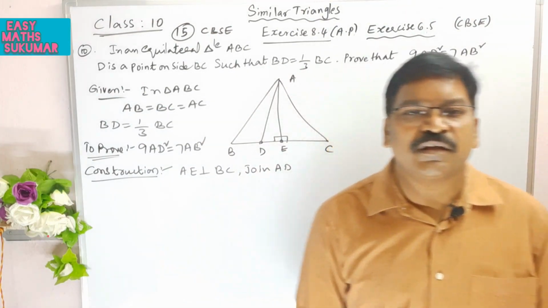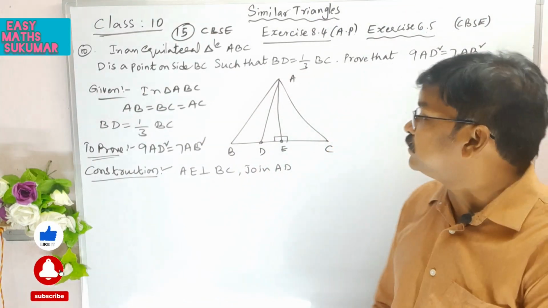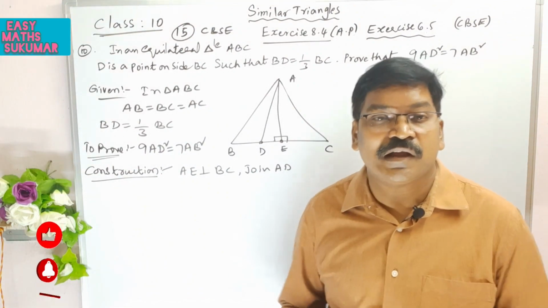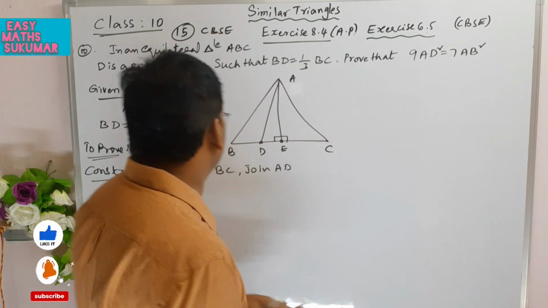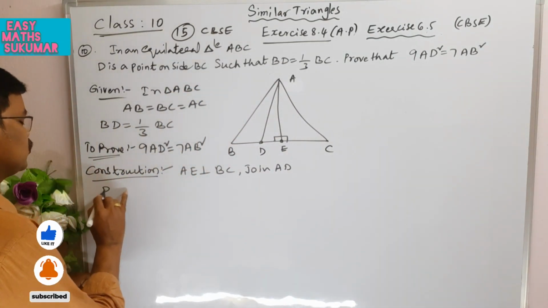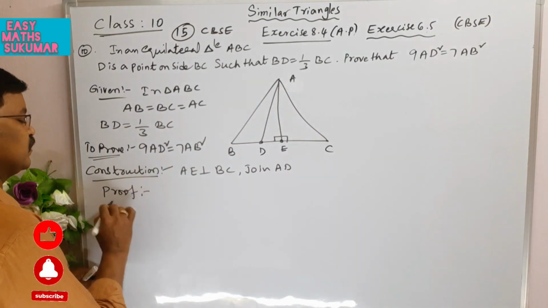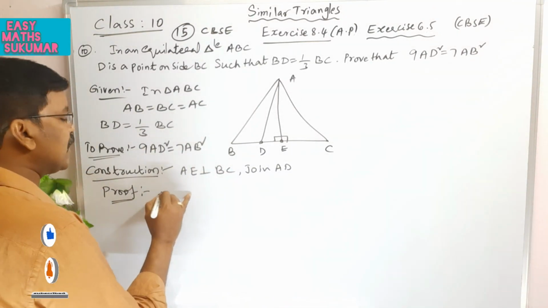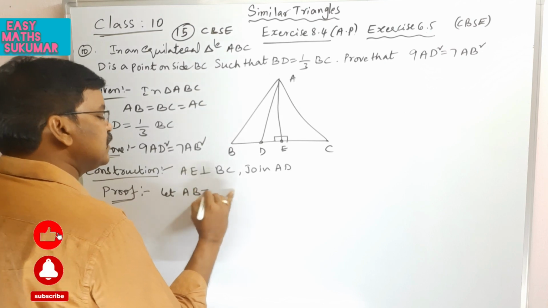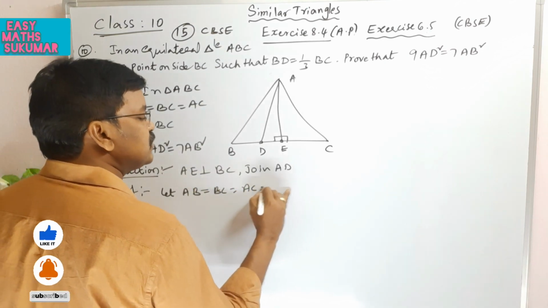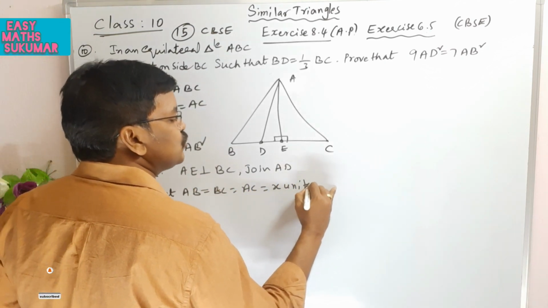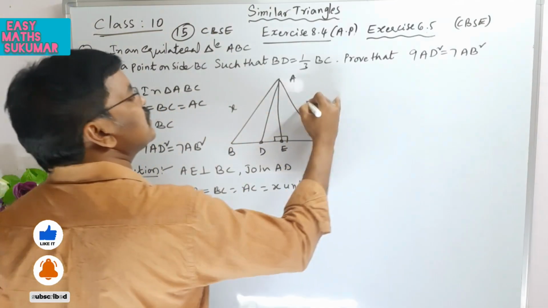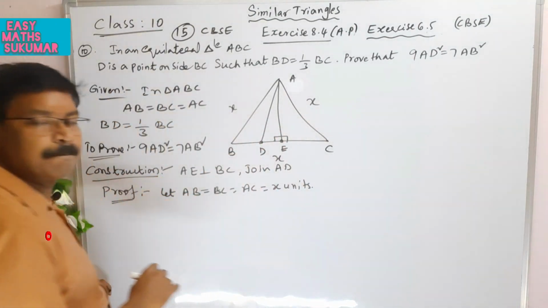That means AE perpendicular to BC, in a triangle, passing through the opposite vertex, is also called an altitude. Okay. Now coming to the proof here. Since ABC is an equilateral triangle, let AB, BC and AC, all the sides be equal to x units. So this is x, and this is small x.